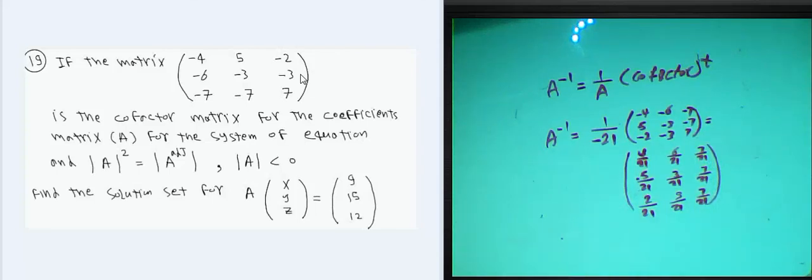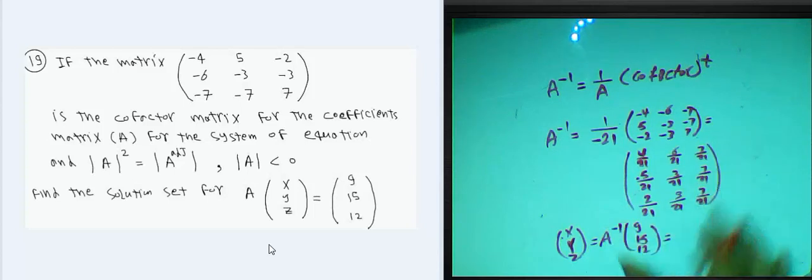And then you can write a multiplication with x and y and z. Write x and y and z in the first column, equal to the inverse of matrix A multiplied by 9 and 15 and 12.